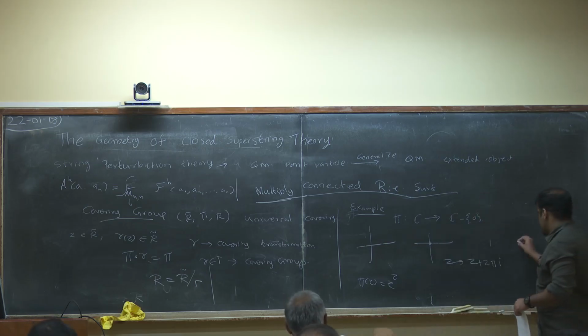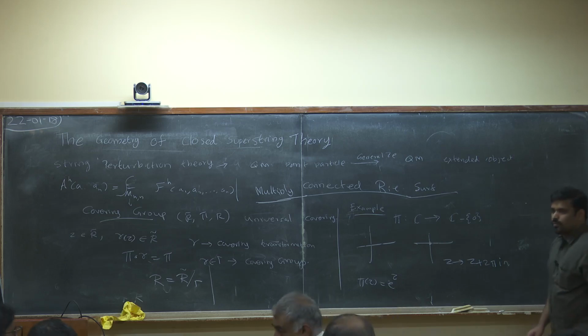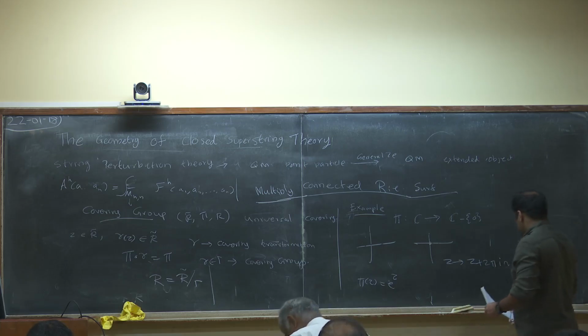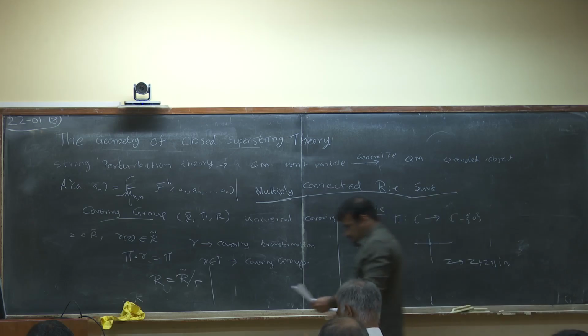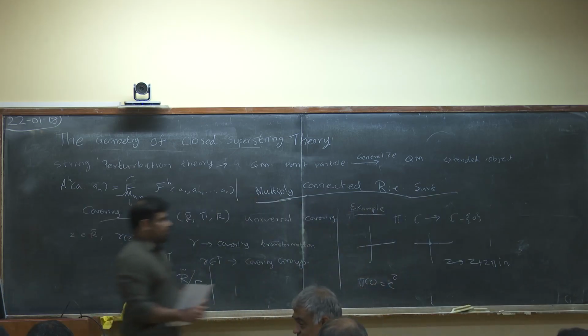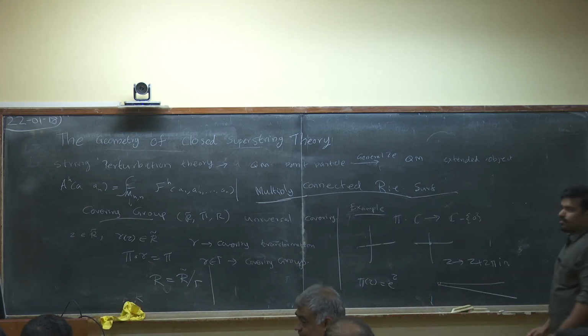Sorry, it's C. So z goes to z plus 2 pi i n, right? Yeah, that's true. In this case it's not U1 actually. It's clearer if you look at that. So you have an infinite cylinder with infinite length.